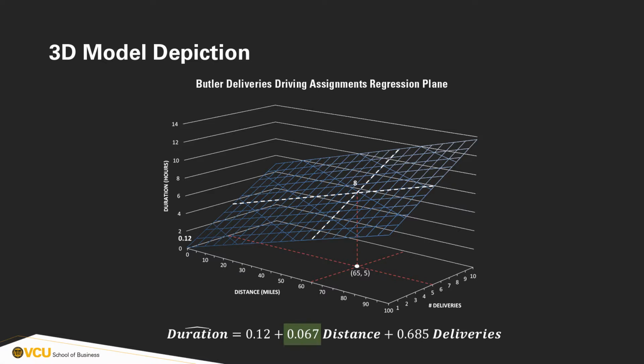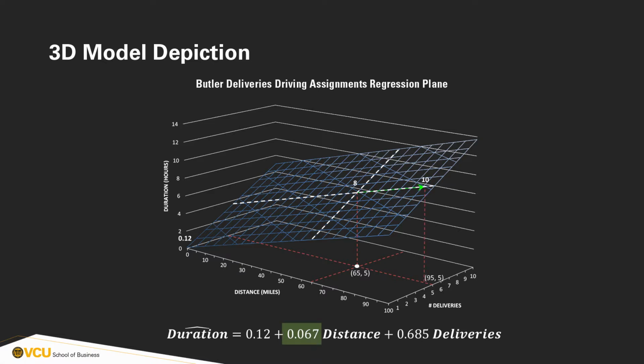Then, the distance slope coefficient, which has still units of hours per mile, can be interpreted as an increase of 0.067 hours in the duration of a driving assignment for a 1 mile increase in the distance covered during such driving assignment. However, that's such a small increase that it is hard to appreciate it in the graphical depiction of the model.